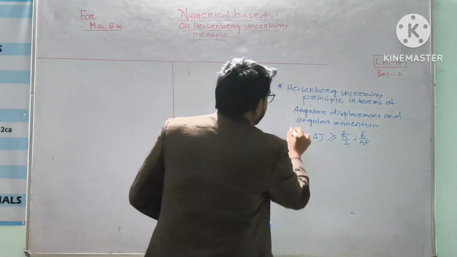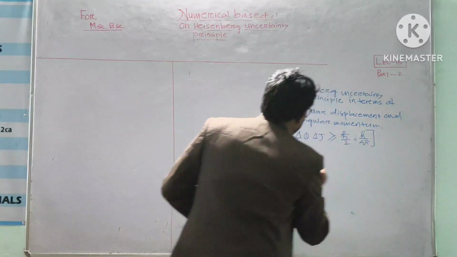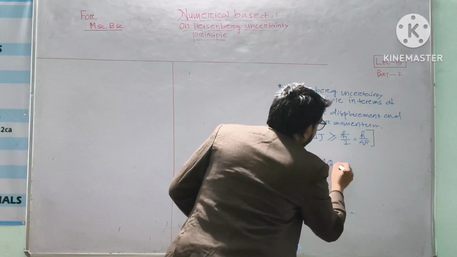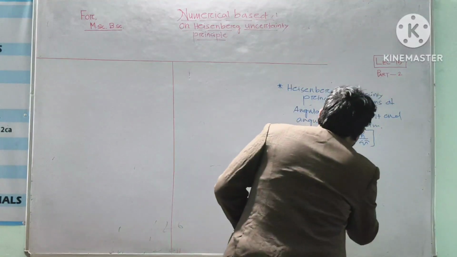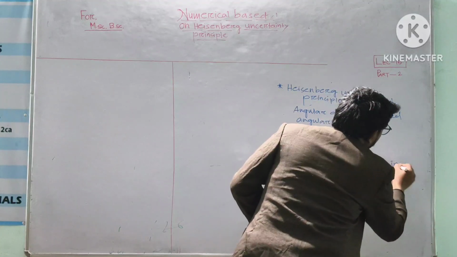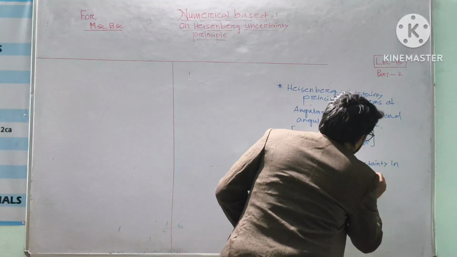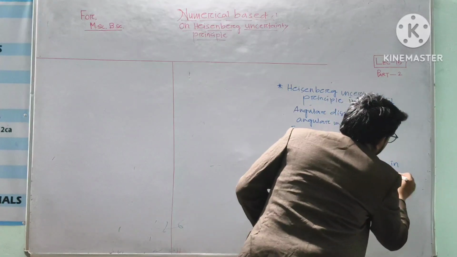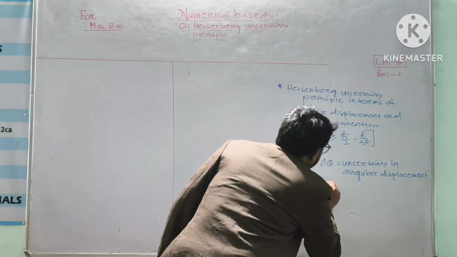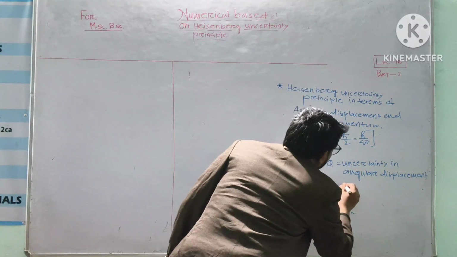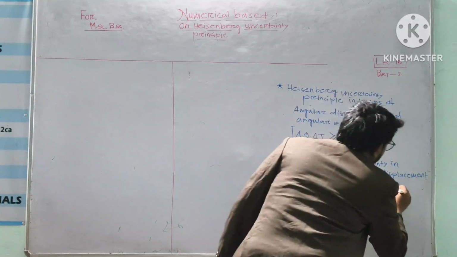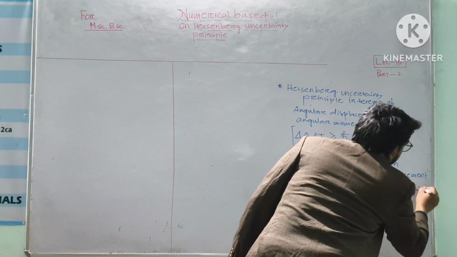Where delta theta is the uncertainty in angular displacement, and delta j is the uncertainty in angular momentum.